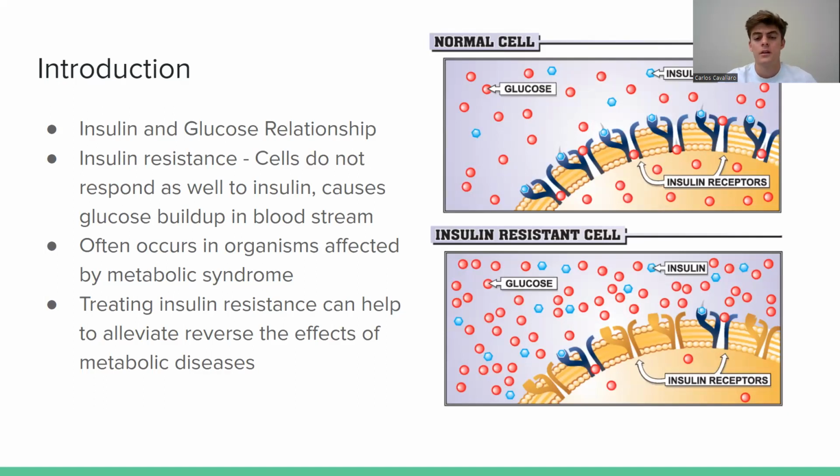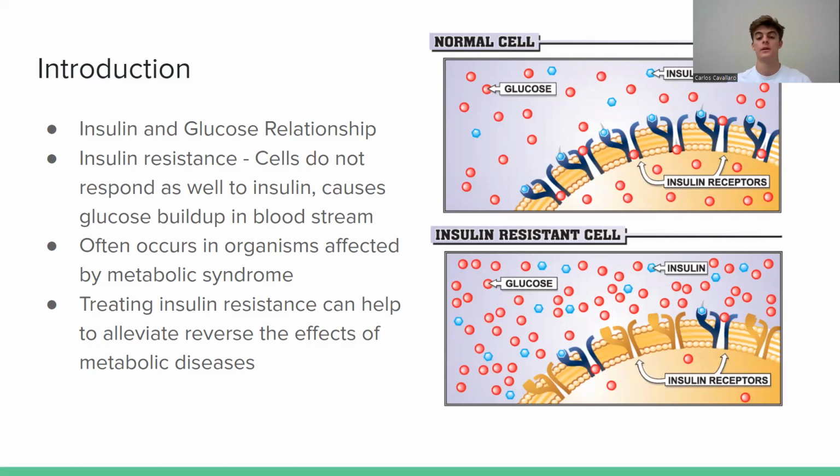So just as a basis, I want to start off by talking about the relationship between insulin and glucose and how that ties into my topic. As we all know, insulin is a very important molecule within our body that we need in order to take glucose into our cells so that that glucose can be converted into ATP in the form of energy that our body needs to function.